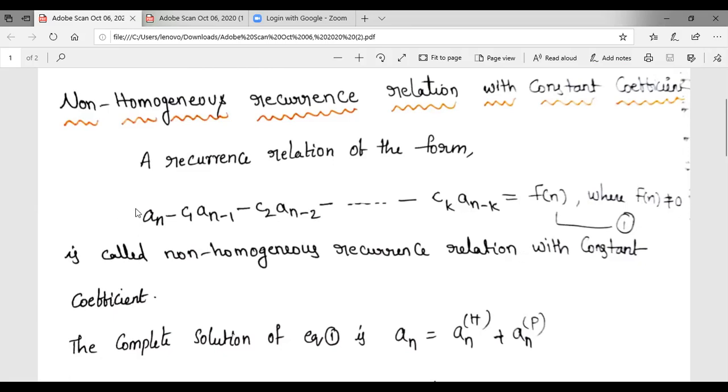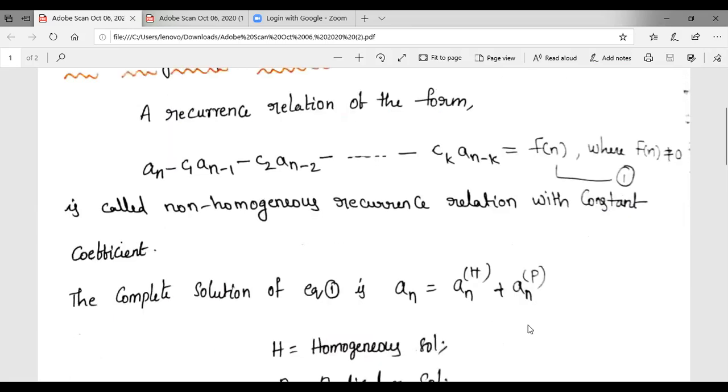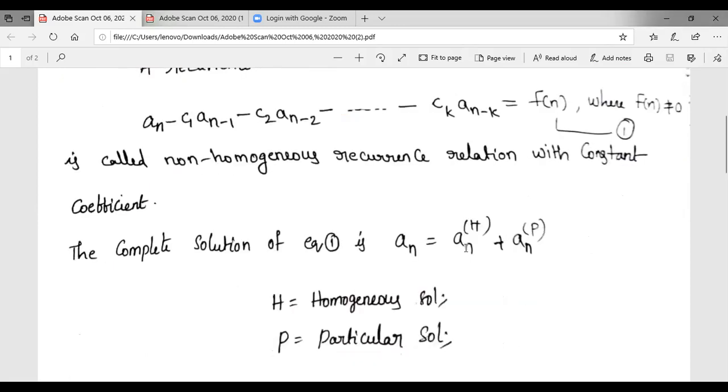The complete solution of equation 1 is a_n = a_n^(h) + a_n^(p). Here h represents the homogeneous solution and p represents the particular solution. The sum of the homogeneous solution and the particular solution gives the complete solution of the non-homogeneous recurrence relation.